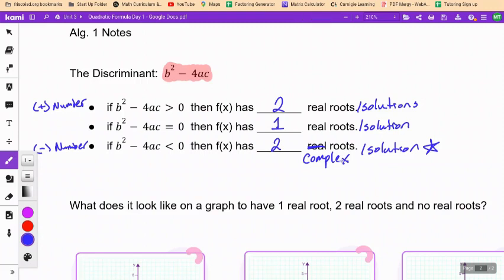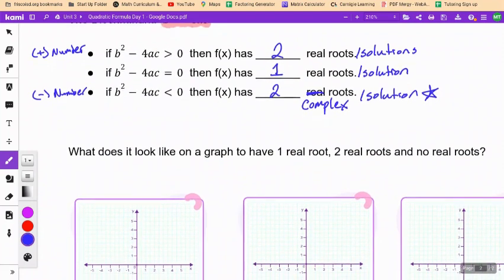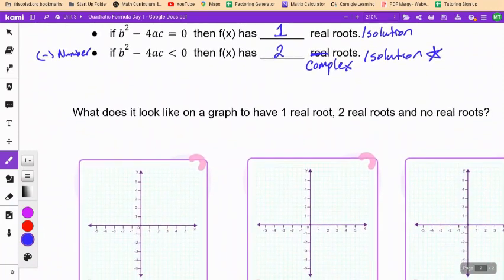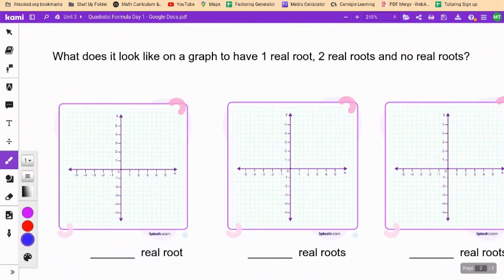Okay, so what does that look like on our graph, right? So what does it mean to have two real solutions, one real solution, or two complex? So on a graph, something that has one real solution will just intersect the x-axis at one point.